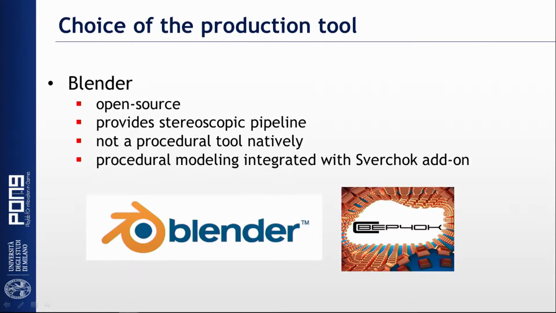So we have opted for a different approach. We have considered Blender, which is open source. It provides a stereoscopic pipeline. It is not natively a procedural tool, but by use of this add-on, Sverchok, from a Russian developer, it is possible to extend the node editor of Blender that is already present for creating materials and for the compositor, to use it as in Houdini to create geometry.